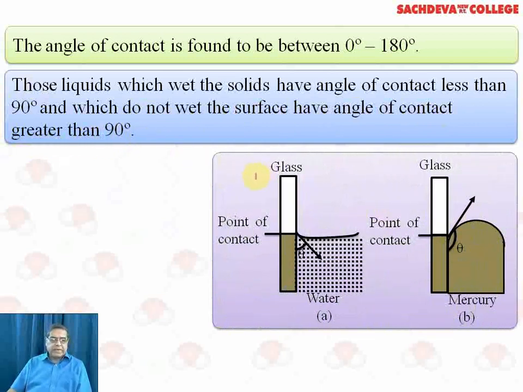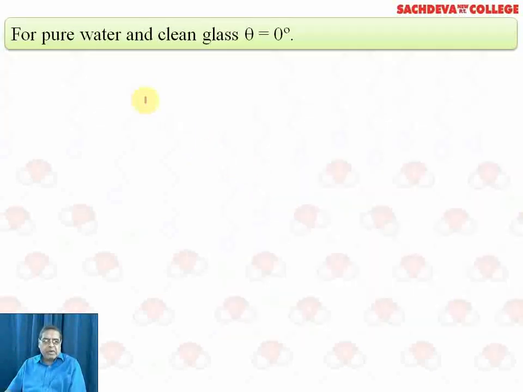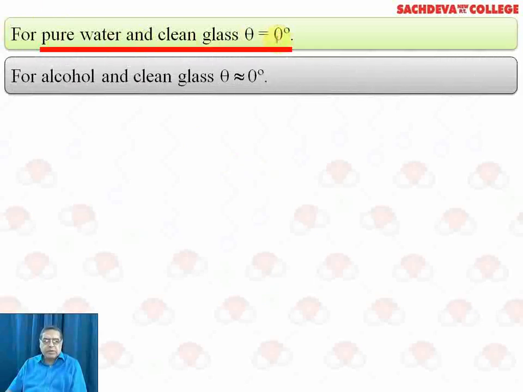The figures are again shown to understand the angle of contact. In the second figure where there is mercury, the angle of contact is more than 90, whereas in the case of water, we find it is less than 90. For pure water and clean glass, when there is no impurity, theta will be taken as 0.